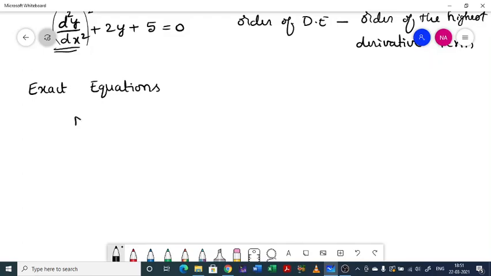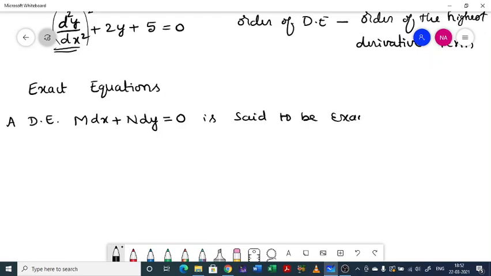A differential equation which is generally of the form m dx plus n dy equal to 0 is said to be exact if there exists, if it is possible to find a function which is in 2 variables x and y.